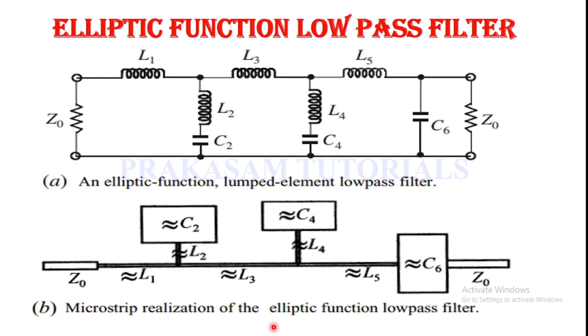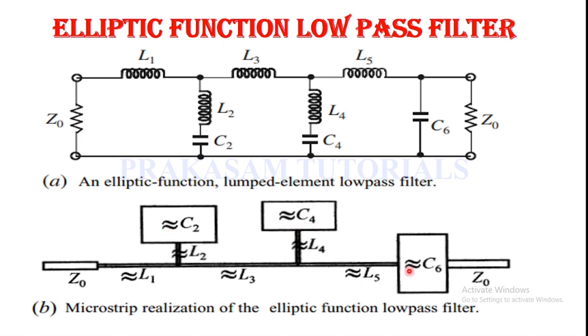Here, both the ends of the lines are 50 ohm transmission lines, and these are inductors L1, L2, L3, L4, L5 and capacitors C2, C4, C6.